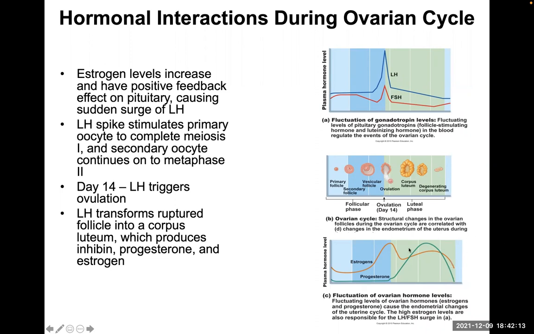And estrogen and progesterone, aside from right here, oftentimes they can mirror one another, and also these hormones work together. If progesterone levels are not sufficient, even if fertilization and implantation have taken place, if you don't have sufficiently high levels of progesterone, you can't maintain the lining of your uterus.